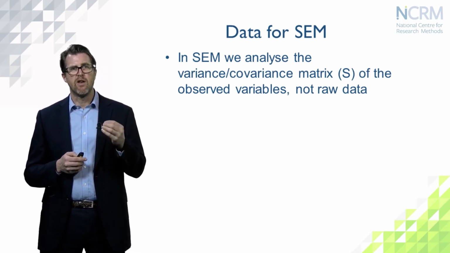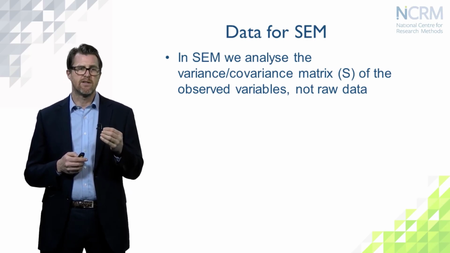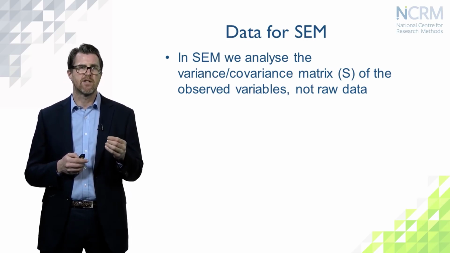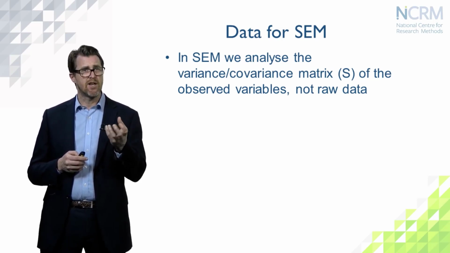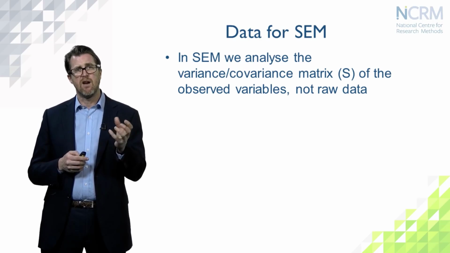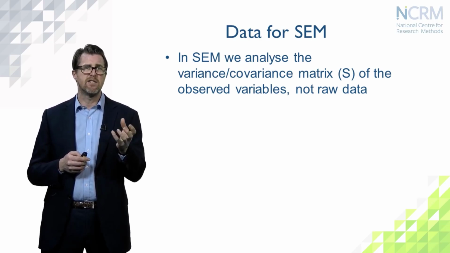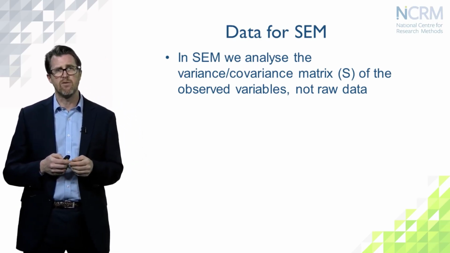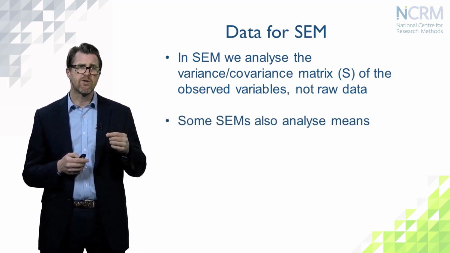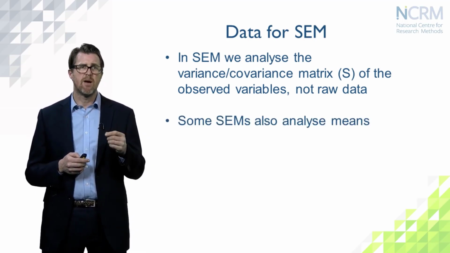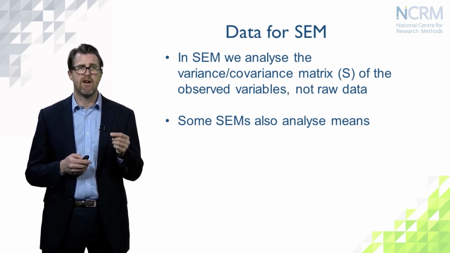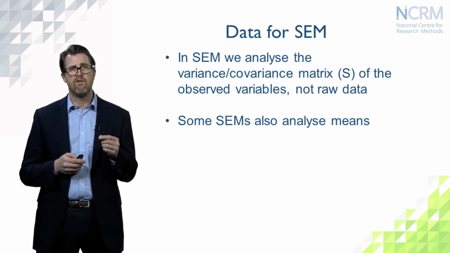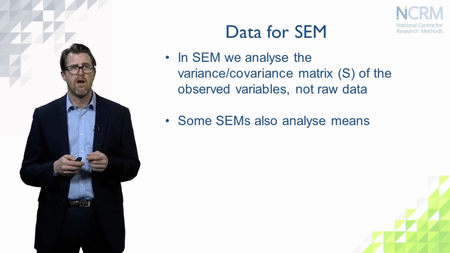This is kind of unusual and somewhat surprising, I think, to people when they first come across it, that all the data that we need is just the set of covariances and variances of the observed variables. As we shall see in later videos, some structural equation models also use the means of the observed variables in addition to their variance-covariance matrix.